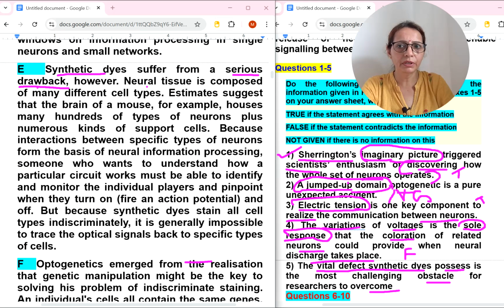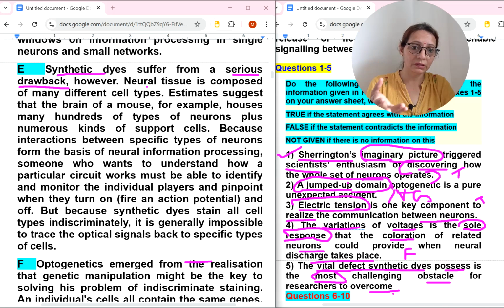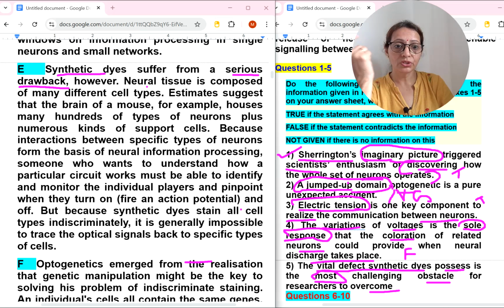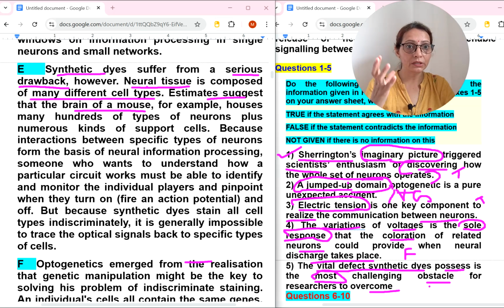So here we were reading 'most', so the word 'most' is also there. It could be false or it could be not given, so they are comparing things with other things also. So, most challenging. Here they have started with serious drawbacks. However, neural tissue is composed of many different cell types. We are looking for whether it is the most challenging obstacle for researchers to overcome or not.